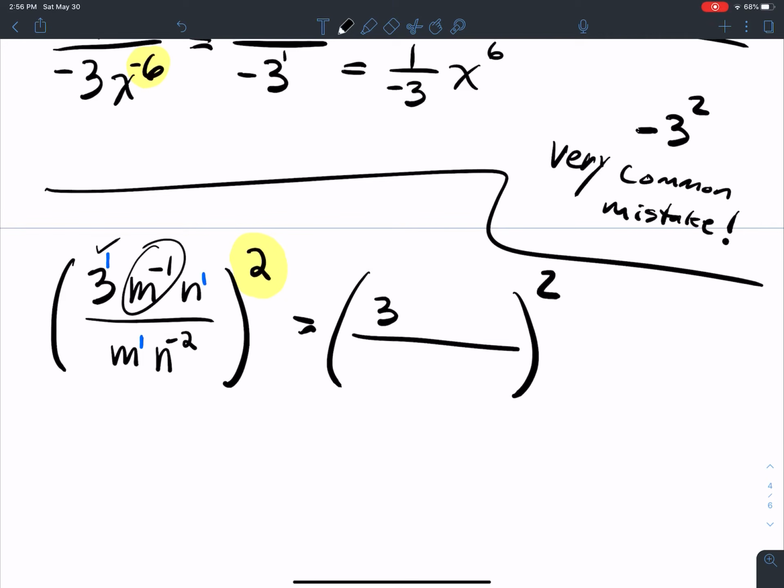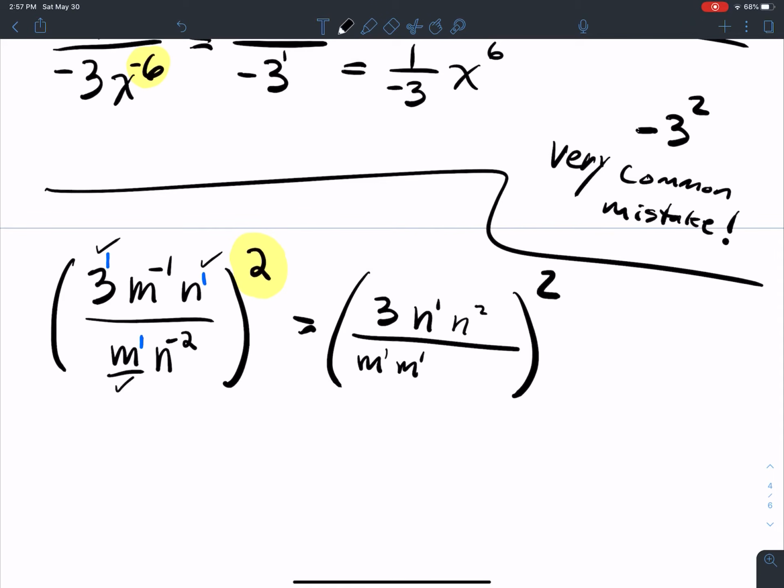But this m to the negative 1 gets flipped downstairs to become m to the 1. Now this is a positive, so I'll leave it, so that's n to the 1 upstairs. Now I have an m to the 1 already downstairs, but then this needs to get flipped up to the numerator. And if I do that, that becomes n to the positive 2 upstairs.